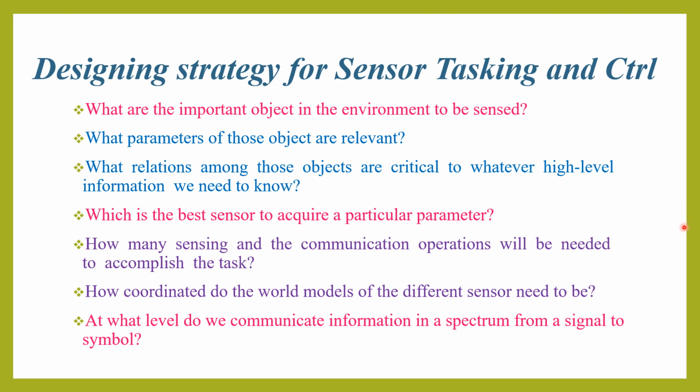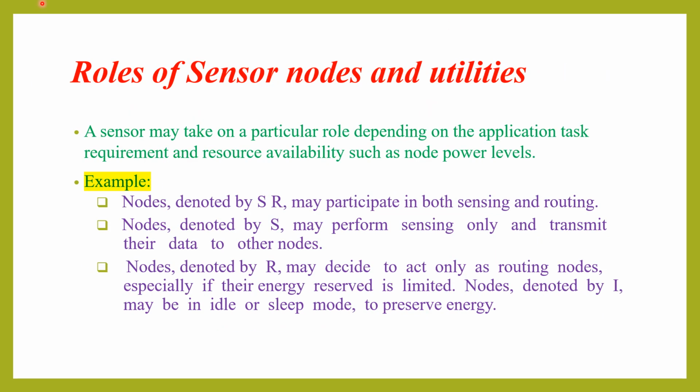This is very important as a network engineer when we impose certain constraints over the task of our sensors. We also should take care of the operations of the sensors, just by knowing the roles or responsibilities of sensors and what the utilities are. For example, suppose in a network we have randomly deployed n number of nodes.